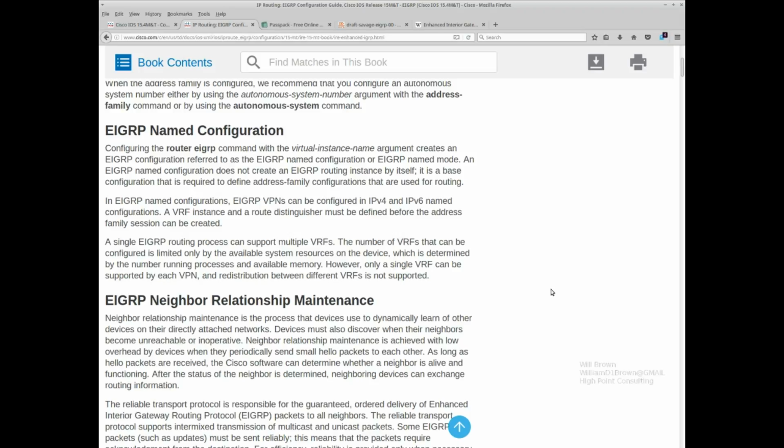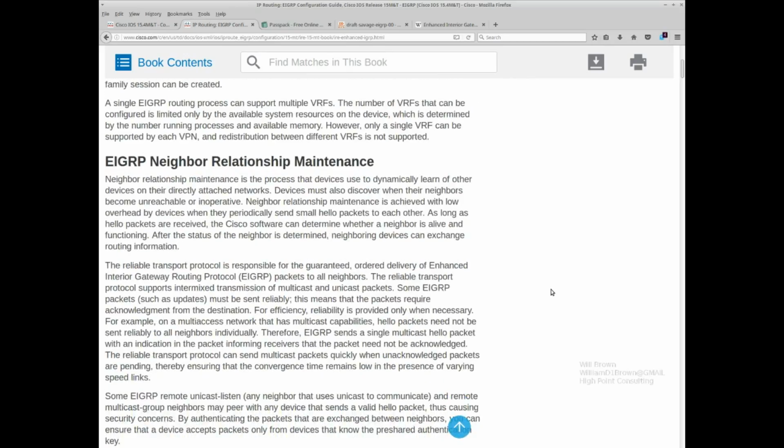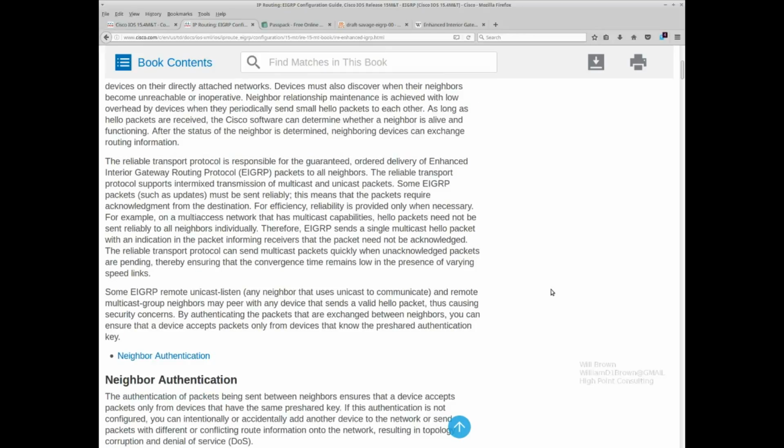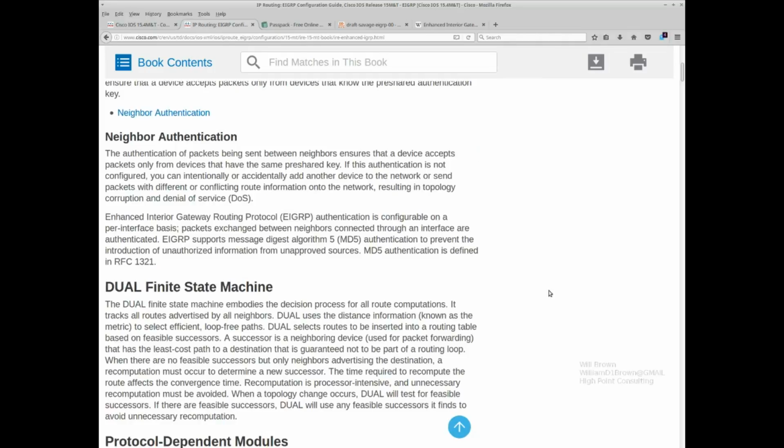We'll use named mode and address families. Neighbor relationships are based on the hello message, that's the kickoff. I think we'll do some authentication in another session, maybe even in this one.